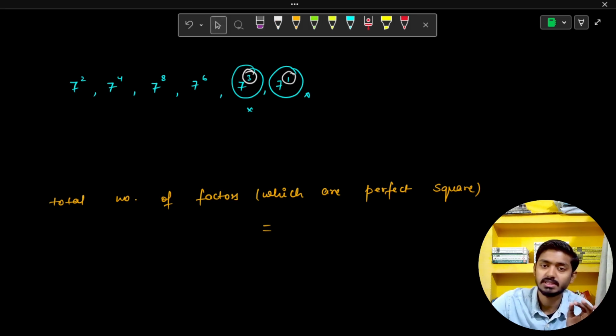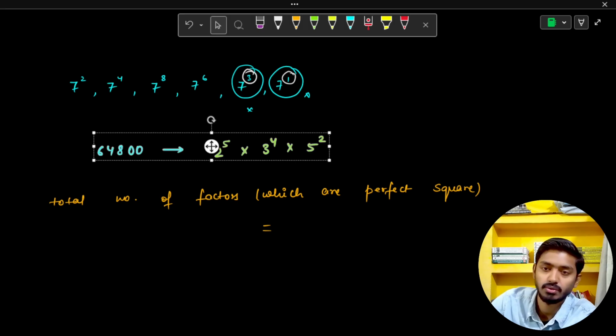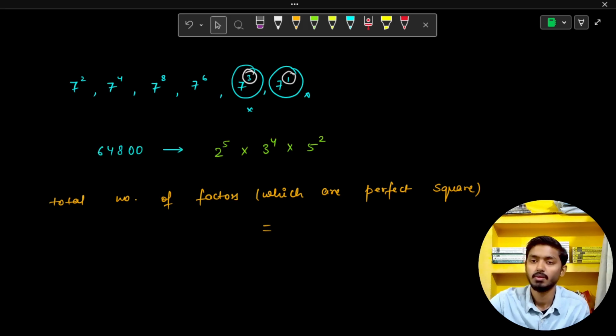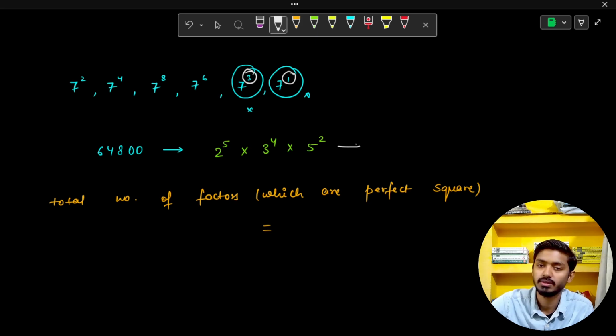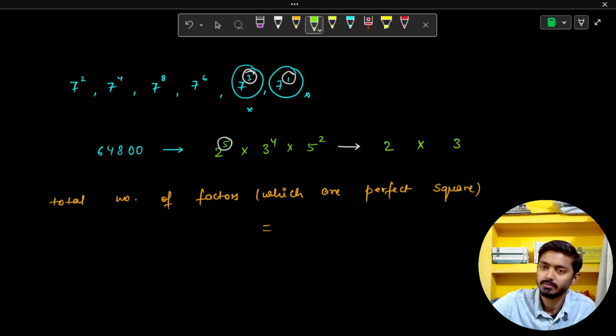So in this case as well, what we are going to do is divide the exponents by 2. Let me write the factors first of all: 2 times 3 times 5.